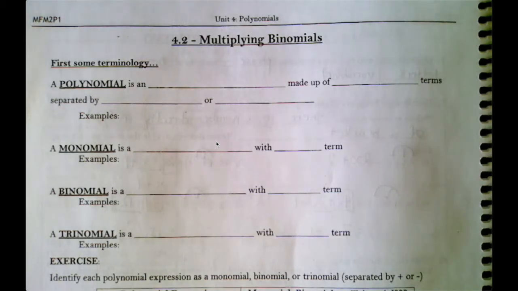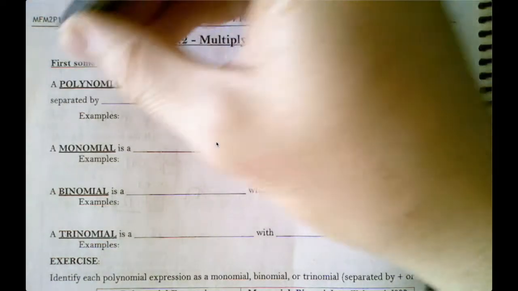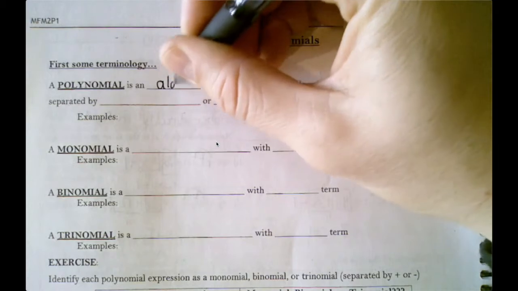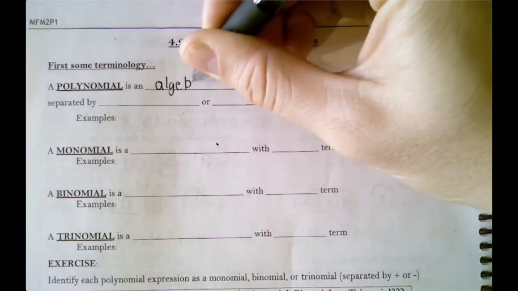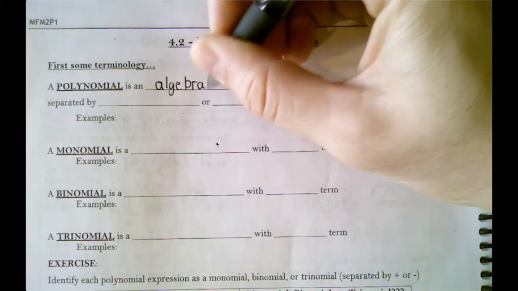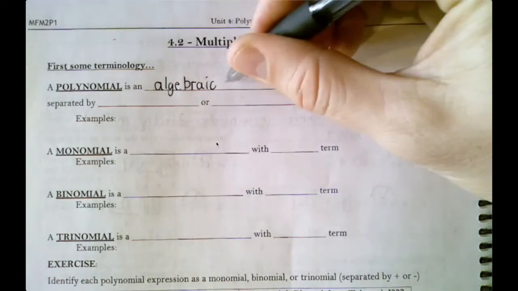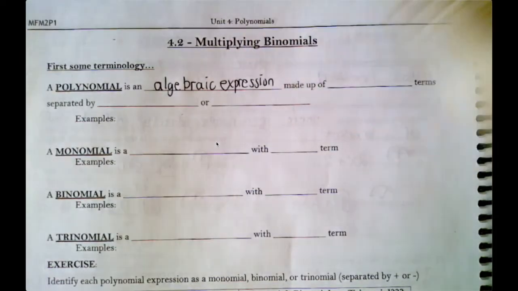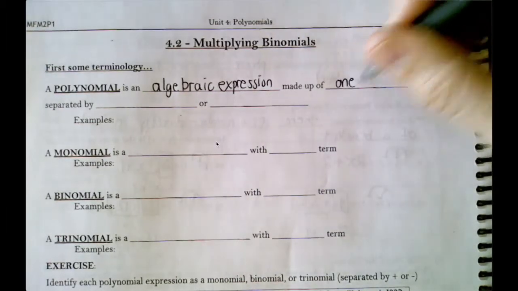So first, some terminology. We're going to start with the word polynomial. A polynomial is an algebraic expression, so that means numbers and letters, made up of one or more terms.